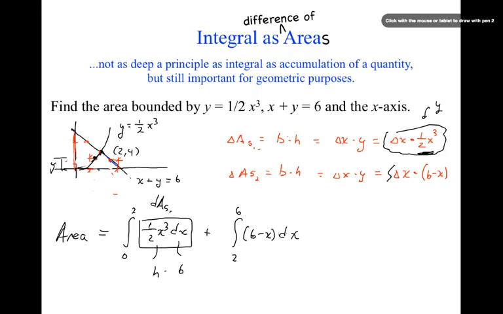what happens? So let's take a look at a typical strip when we make them horizontal. I'll do this in blue. A blue typical strip there.